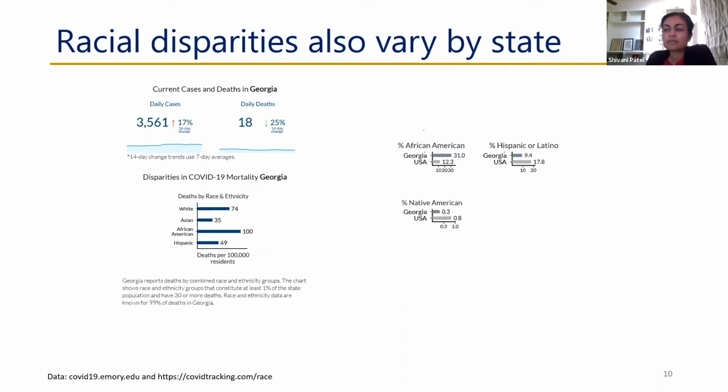So that requires a little bit of coupling data that not everyone is comfortable coupling, because you have to take cases from a surveillance system and you have to take denominators from survey systems and census and that sort of thing. And then the other reason being, we actually have a lot of missing data for cases, and then the rates end up making no sense for various reasons.